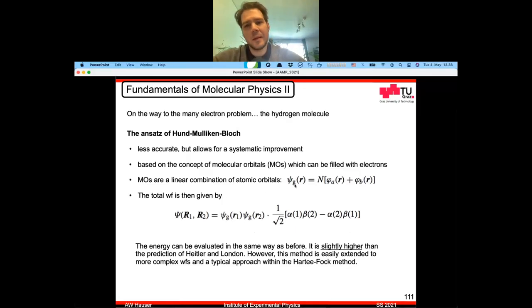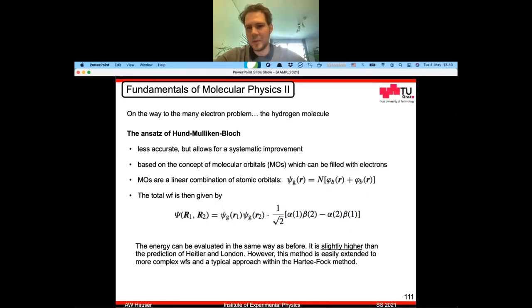We build a molecular orbital, which is denoted as psi g for gerade, which is a linear combination, and in the case of this historical Hund, Mulliken and Bloch ansatz for hydrogen, same prefactors for both and just normalized, right? So this is our psi g.